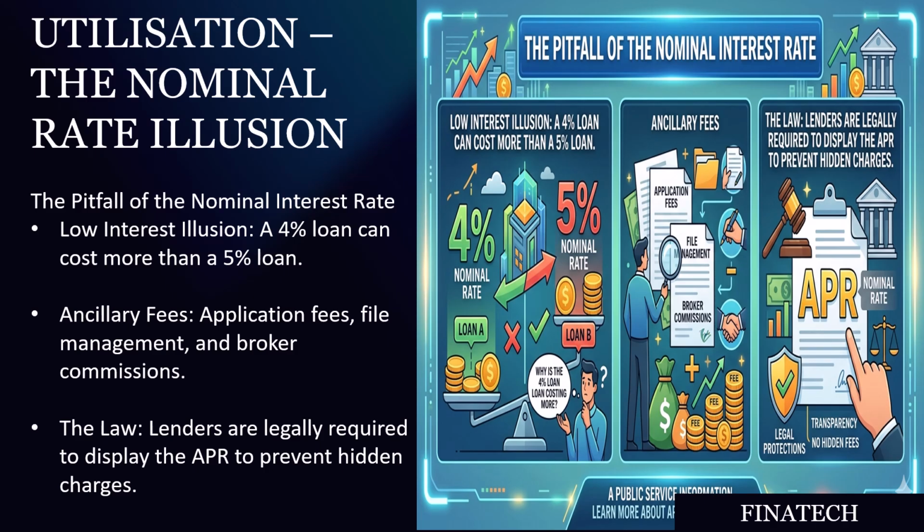I'll explain a little bit more. They propose you a lower rate, but to get the money, you must prepare a lot of paperwork and you must get a lot of insurance.